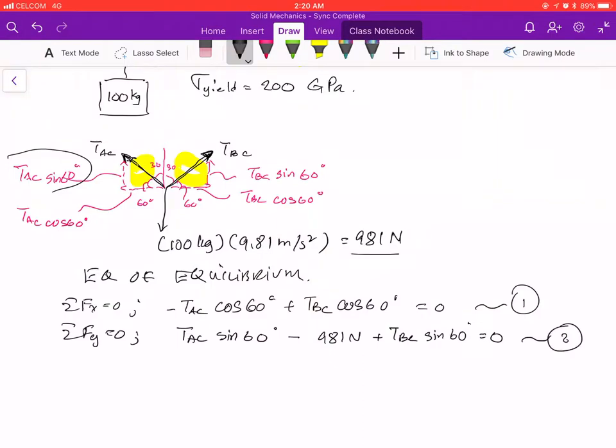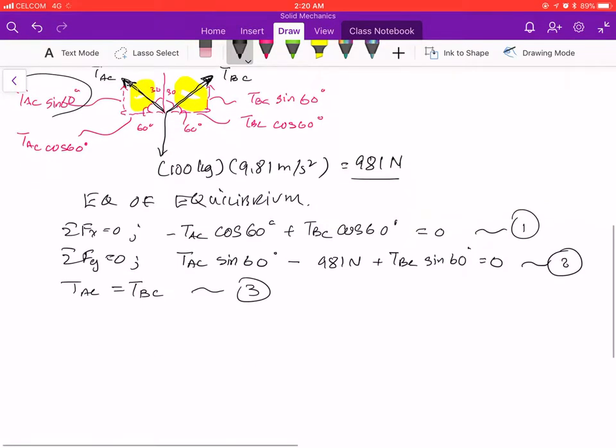That is my second equation. Now since this is in equilibrium, my TAC is equal to TBC. This is another equation from that relationship.